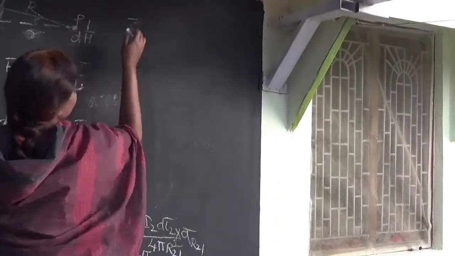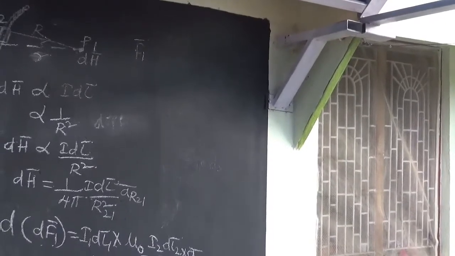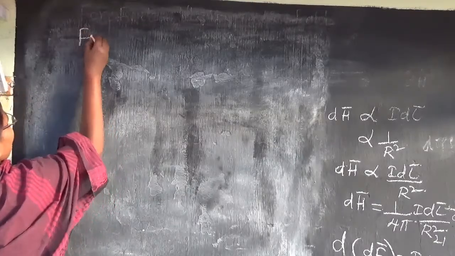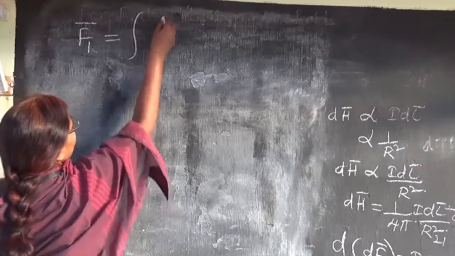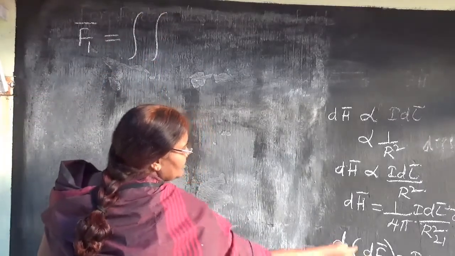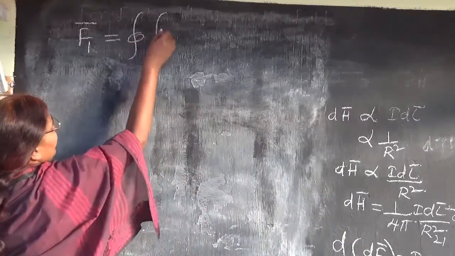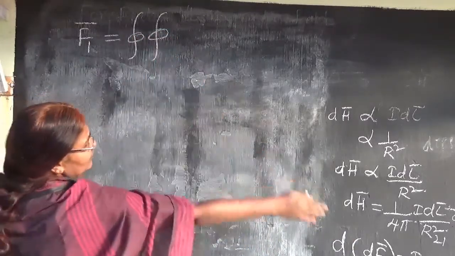So my total F1 bar is going to be the double integral. To remove these two differentials, I have to take the double integral of the total thing.